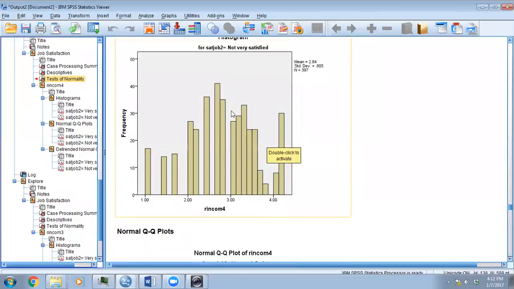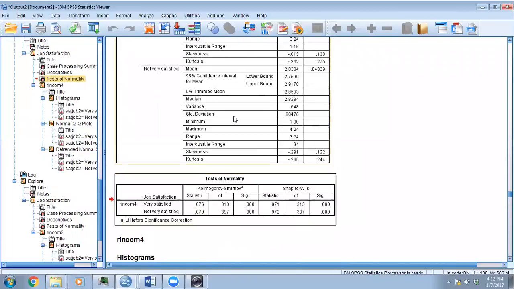Since they are looking near normal, and these normality tests, like the KS test or Shapiro-Wilk test, are highly sensitive to the sample size, even if they are significant, we can simply ignore that because we have a decent sample size here, and continue with our analysis. So that's how you do the normality test here.